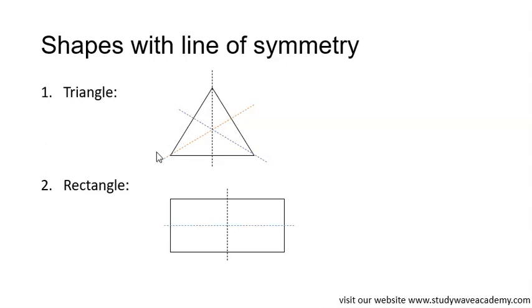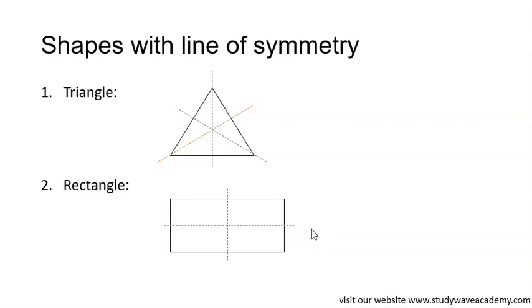We also have the rectangle. The rectangle has how many sides? It has 4 sides, right? With 2 symmetry lines. A rectangle has 2 symmetry lines, 1, 2. Remember what we said about symmetry?